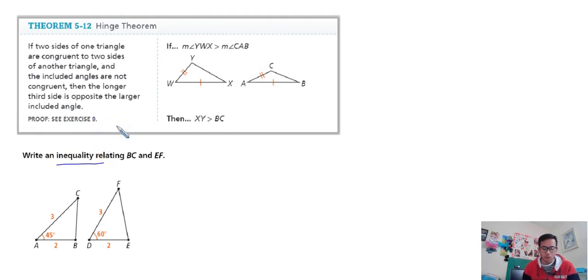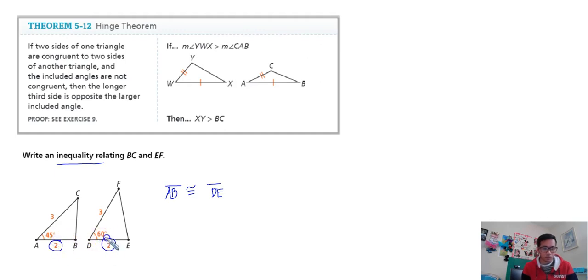In this pair of triangles, we are comparing two triangles. I'm writing on my board here. In this pair of triangles, segment AB is congruent to segment DE, because this is given, it's 2.